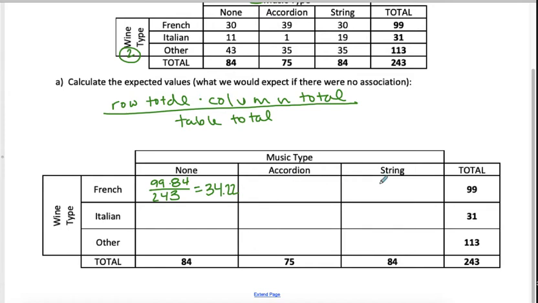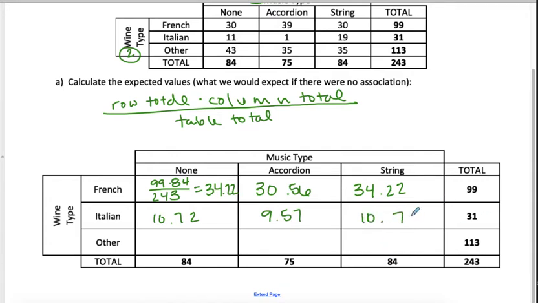I'm going to do the same thing here. 99 times 75 divided by 243. And here, 99 times 84 divided by 243. And then to my next row, 31 times 84 divided by 243. 31 times 75 divided by 243. 31 times 84 divided by 243.